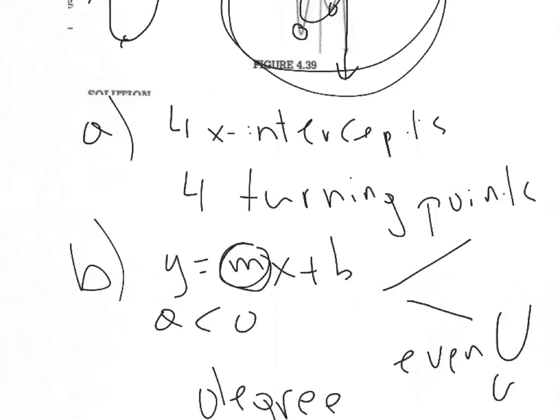There could be a curve in the middle, but the end behavior is almost like a U-shape. It could also open down. When the degree is odd, the graph of the function usually looks like this. In this case, it's not a U-shape because it starts over here and it goes down over here. Therefore, the degree is odd.